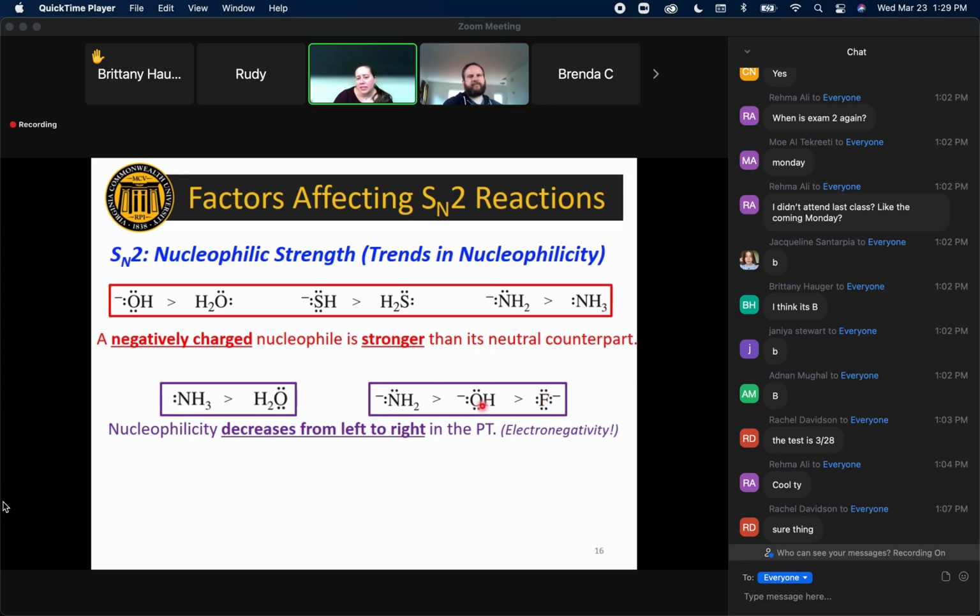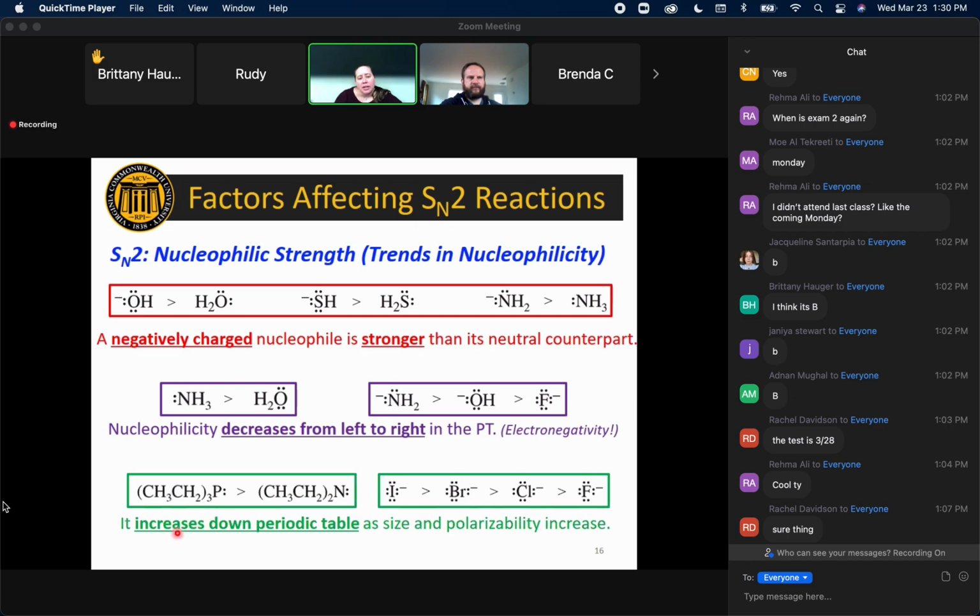It'll be better than oxygen at stabilizing that negative charge, and likewise, oxygen will be better than nitrogen. So a more stable negative charge, or a more stable compound, is a less reactive compound. So the better the electronegativity is, the worse a nucleophile is.